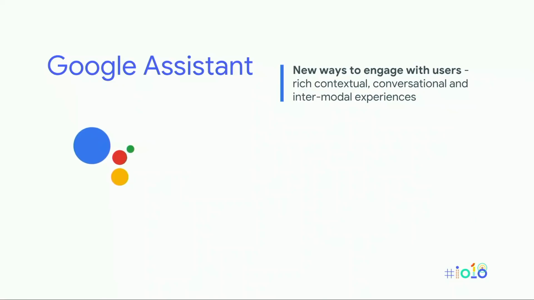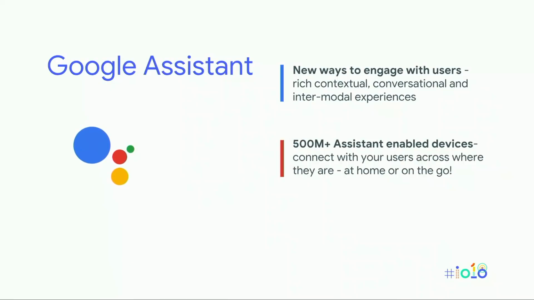Google Assistant enables you to interact with users in completely new ways, using a combination of voice, rich UI, cards, and many of these intermodal behaviors. It enables you to create fundamentally new experiences, thus reaching and engaging your users in a different way for these different contexts.